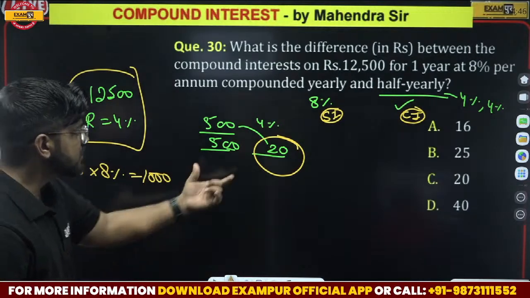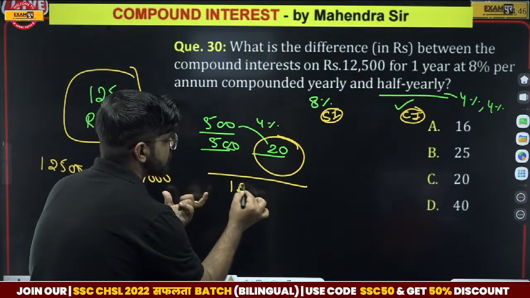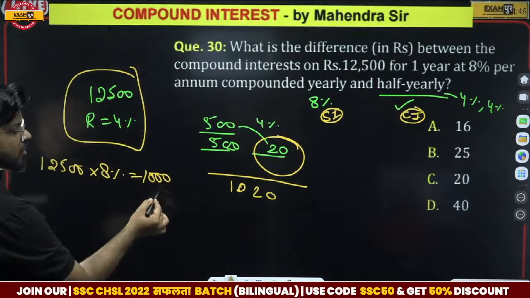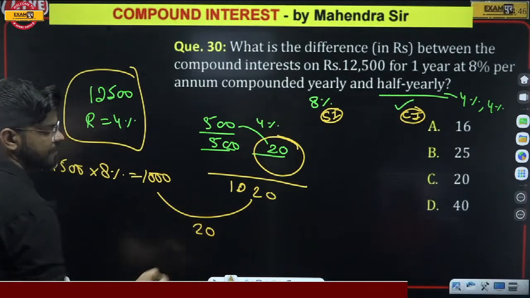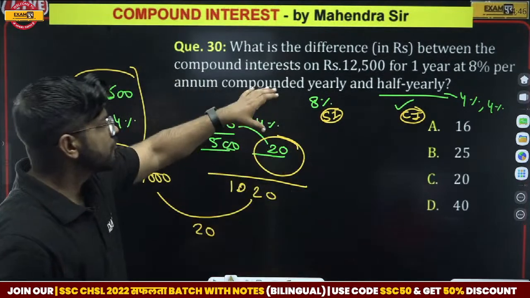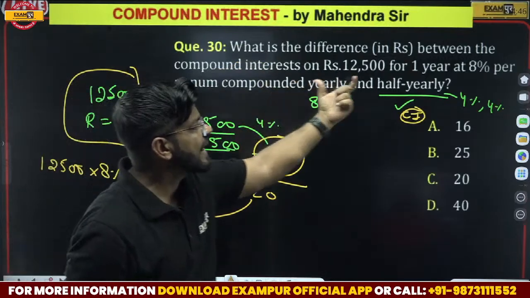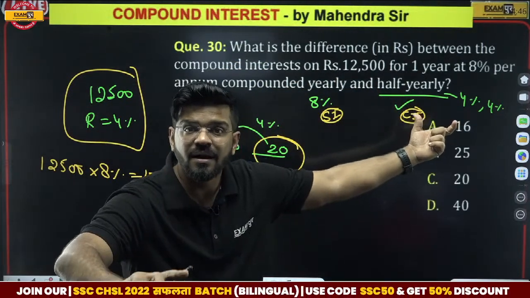And this is 1020. What is the difference? 20.